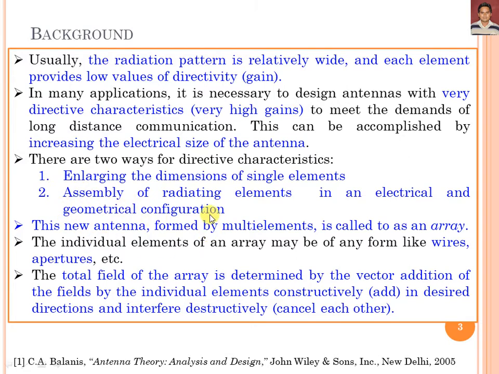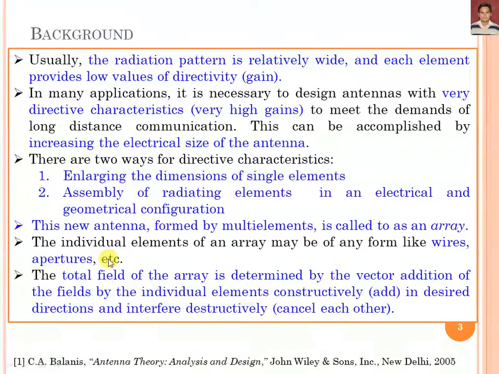This new antenna formed by multiple elements, an antenna having many elements, is referred to as an array. The individual elements of an array may be of any form, like wire or aperture. As we have discussed, antennas can be categorized in two broad categories: first the wire category and second the aperture category.